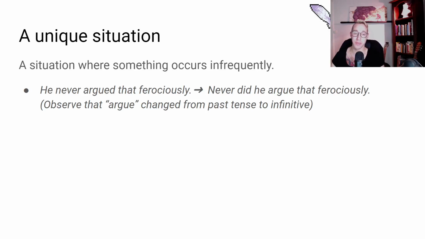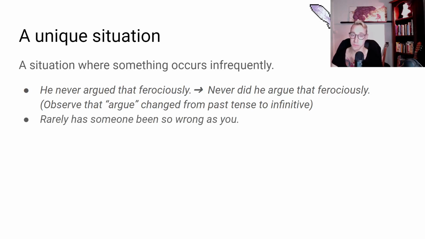And then if we move the adverb to the beginning, and here you can once again see that I added the auxiliary verb did, it will now say, never did he argue that ferociously. So we also can see a case where I changed the tense of the verb. We changed argued to argue. So it's rather important that you mind the verbs and the tense of the verbs themselves.